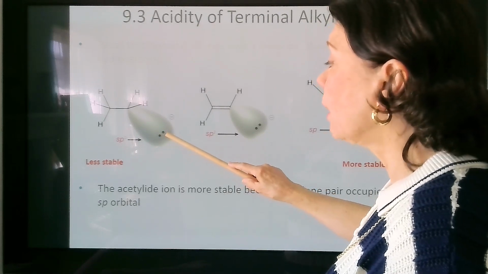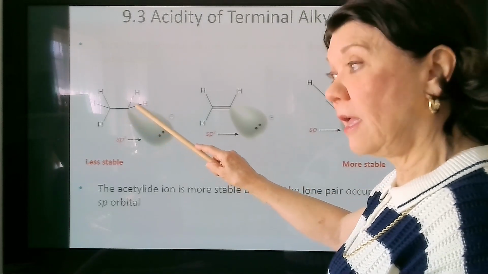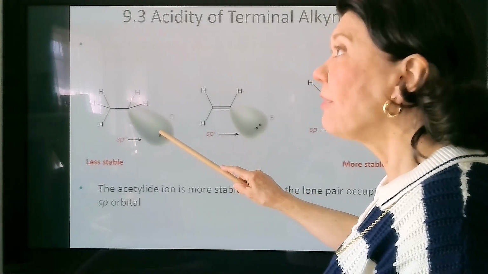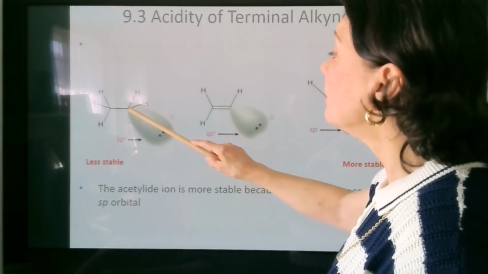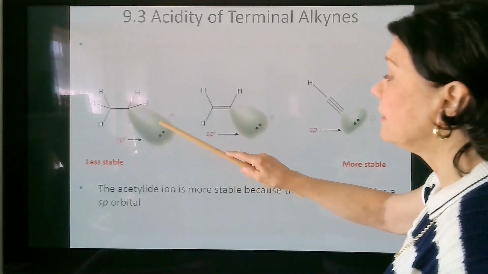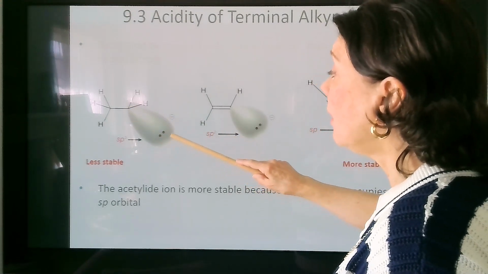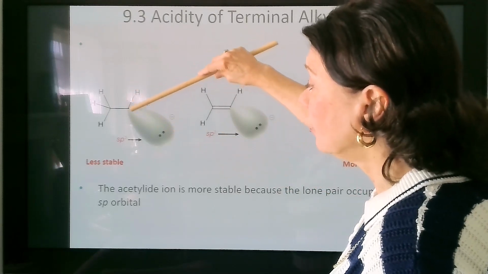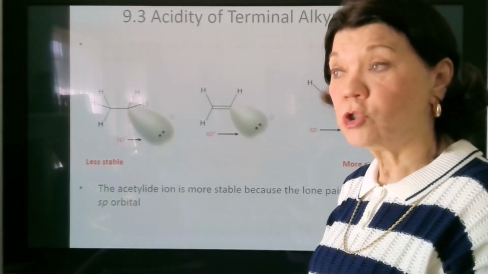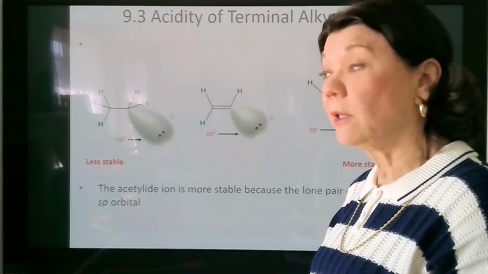And so this is where the lone pair would reside in an ethyl anion. And you can see that this orbital lies pretty far out from the nucleus, okay? It's far out from the nucleus, and that's going to make it higher in energy. The tighter it is, the closer in it lies, the lower in energy and the more stable it will be.